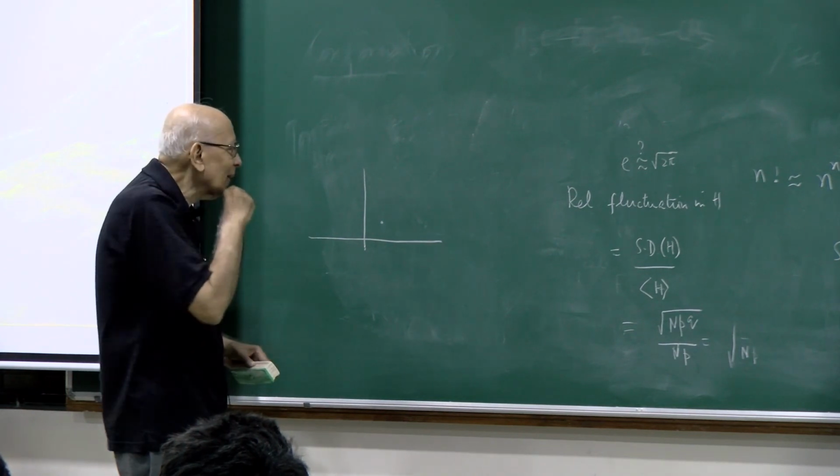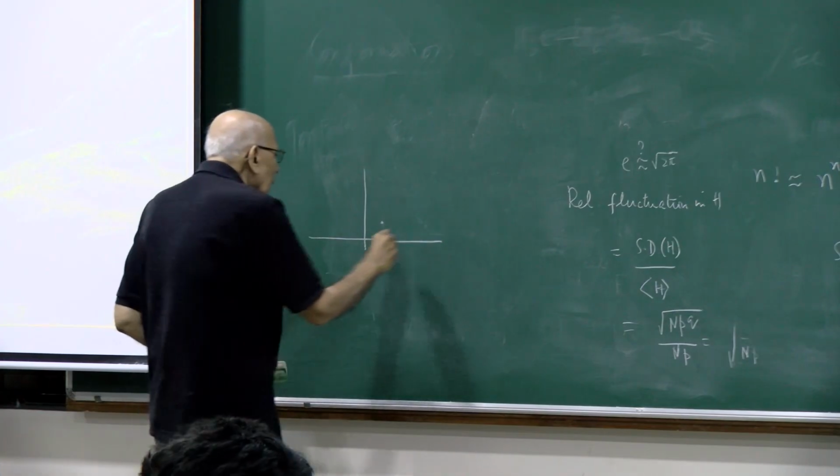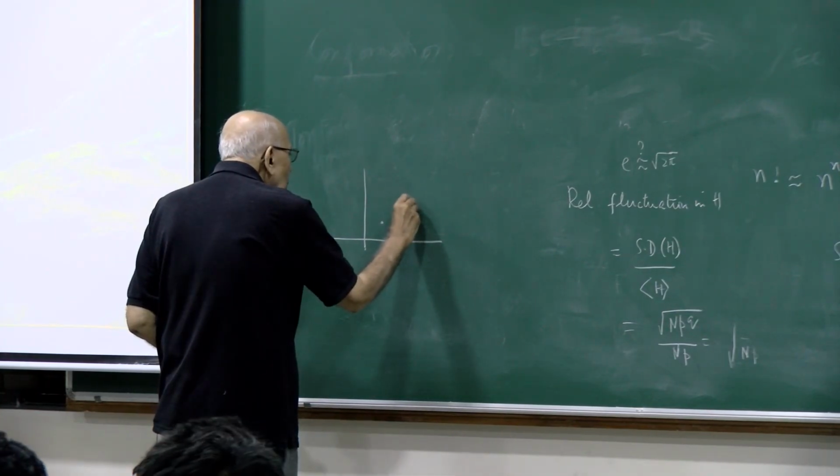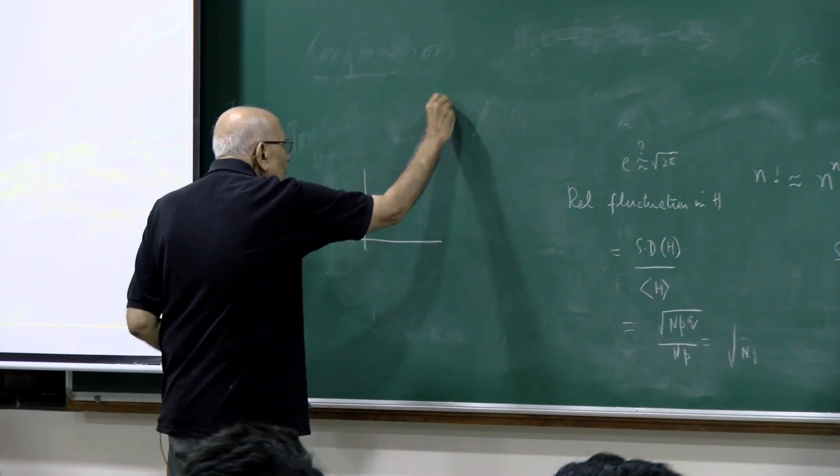I don't want to do that. Okay, so you have 1, 2, and then 3 factorial is 6, 4 factorial is 24, etc.